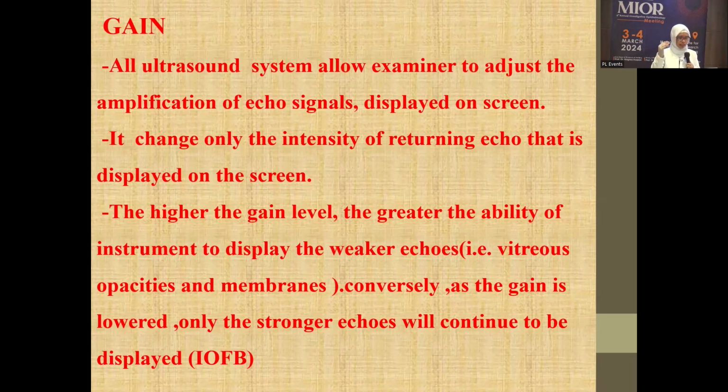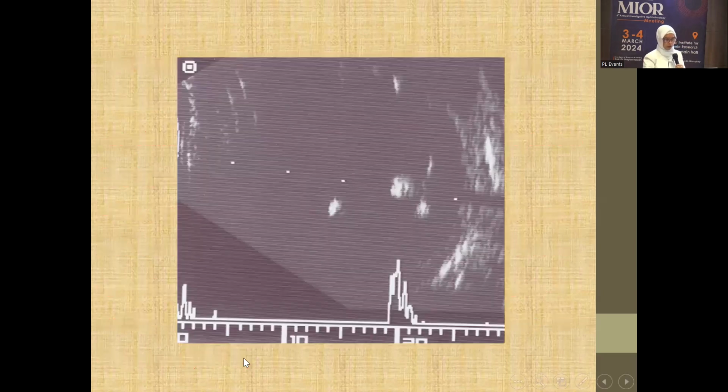So the higher the gain, the greater the ability of the instrument to display the weaker echoes, okay, vitreous opacities and membranes. Conversely, when the gain is lowered, only the stronger echoes will continue to be displayed, just like the intraocular foreign body. Okay, this is B scan and A scan.